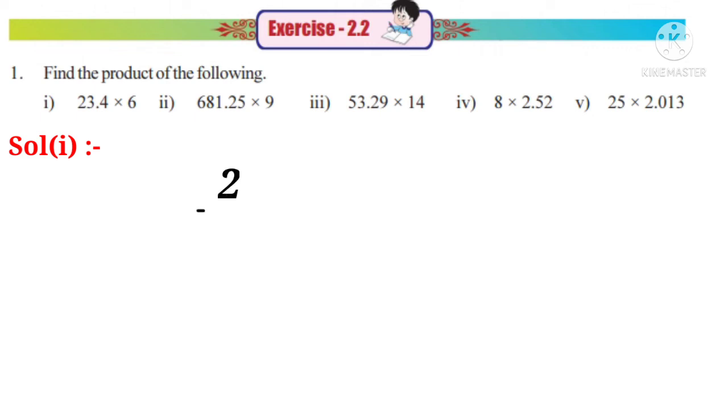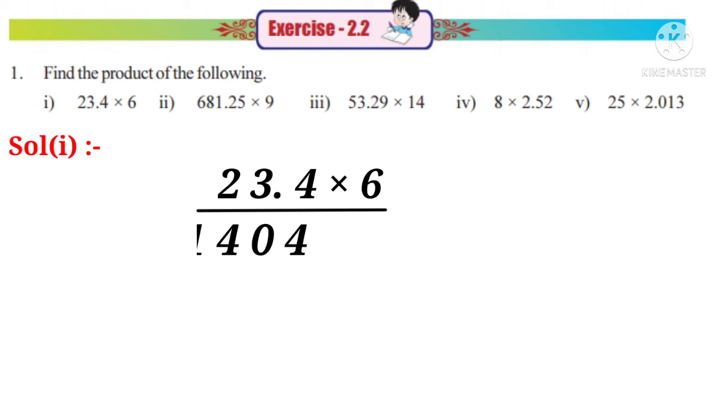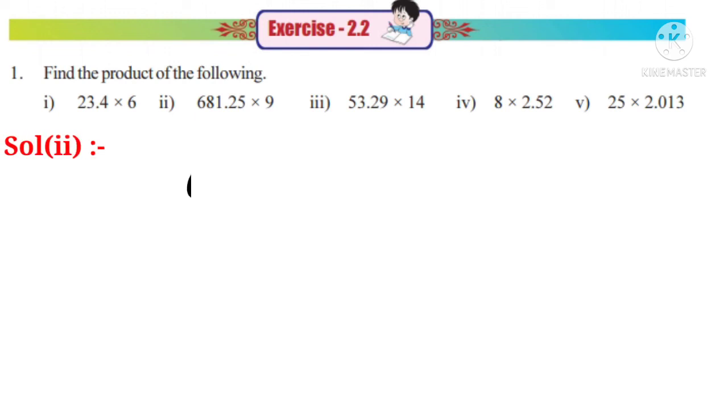Solution 1. 23.4 into 6. By multiplying with 6 we get 1404. Observe that there is only one decimal place in first number. So we should put the decimal point counting from right side after one digit, that is 140.4. Now solution 2. 681.25 into 9.